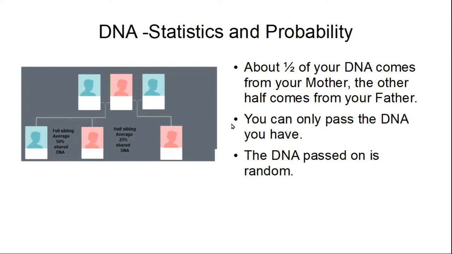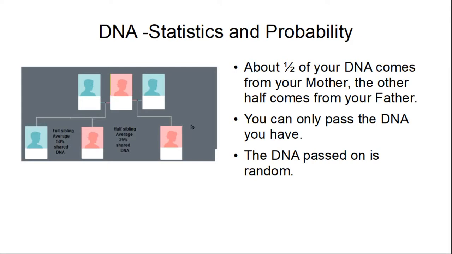So the fact that your daughter has your mother's red hair doesn't mean that she's going to be a closer match to your mother than you are. You can only pass on the DNA that you have. And it's random. It's just random.